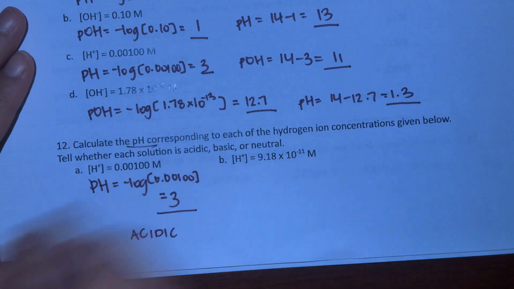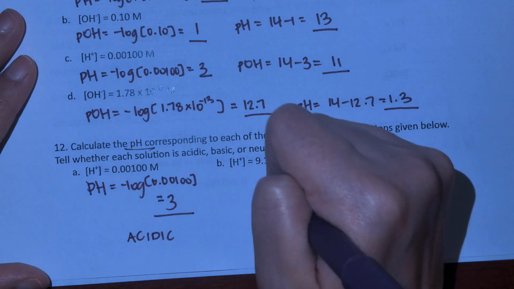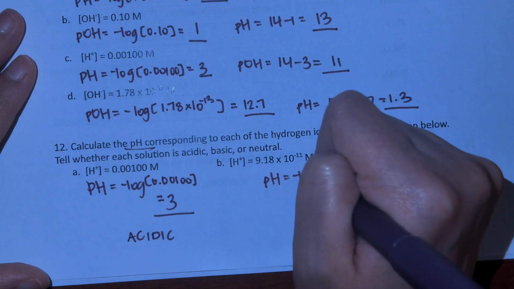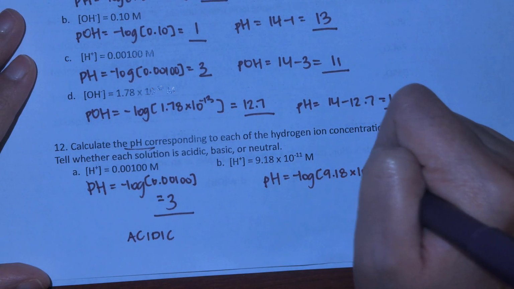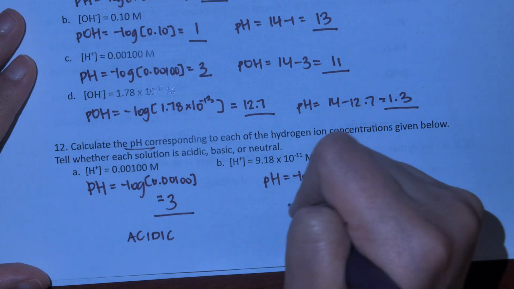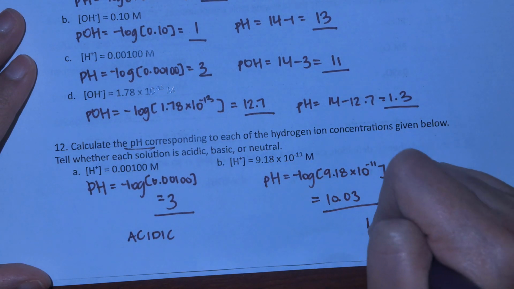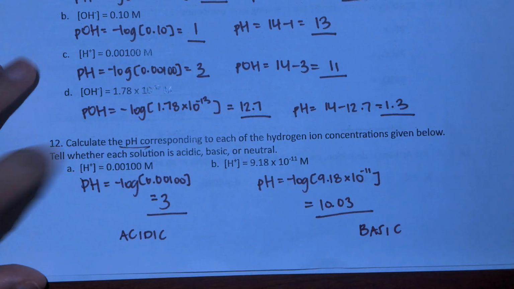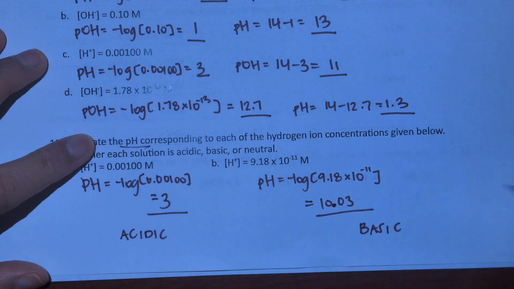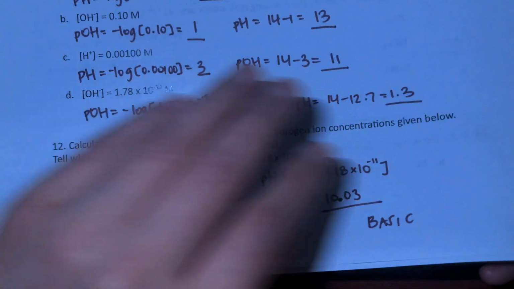Try to do this by yourself, and then pause the video, check your work. Okay, you should have gotten 10.03 or even 10.0 if you want, and it is basic because it's over 7.